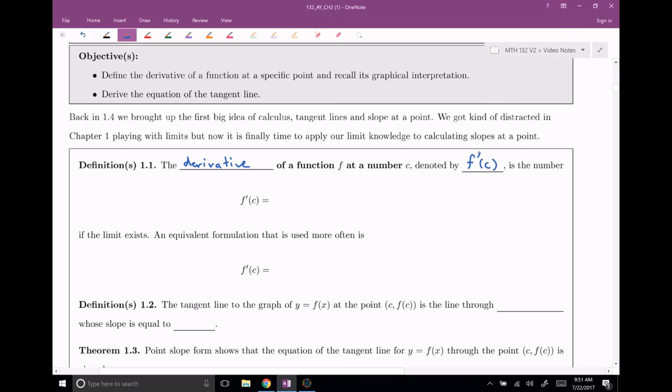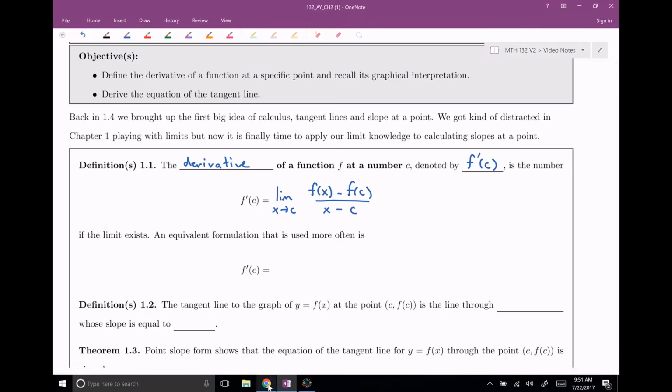So it's f of c with a little prime, kind of like an apostrophe. This is the number. f prime of c is equal to the limit, and we're going to let x go to that value c. And then we're going to take the average rate of change: f of x minus f of c divided by x minus c.